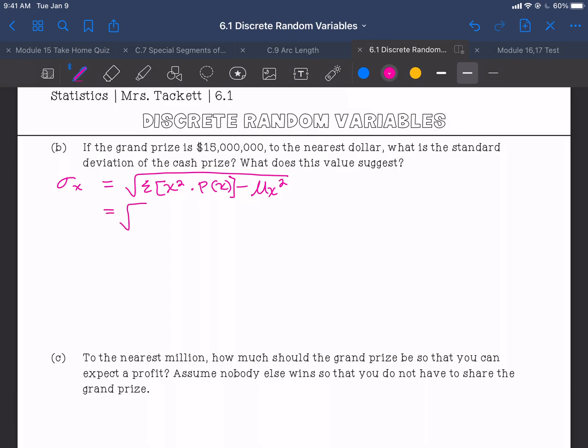So this is where this one's nice to use, because if you just typed everything in your calculator, you can go back in and insert squareds.